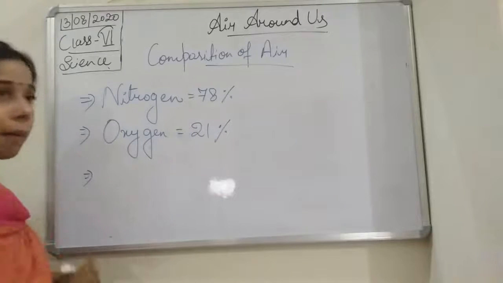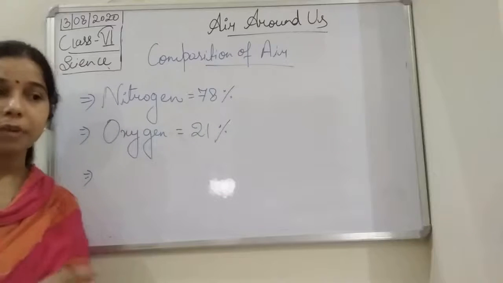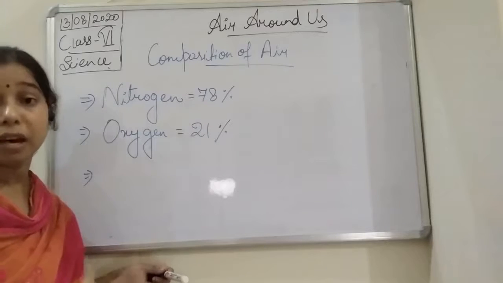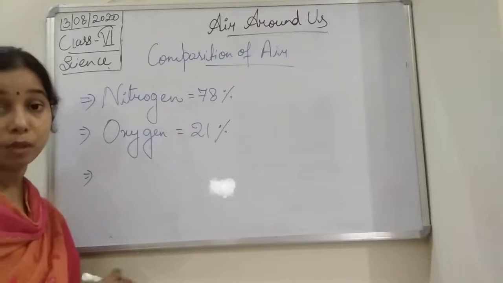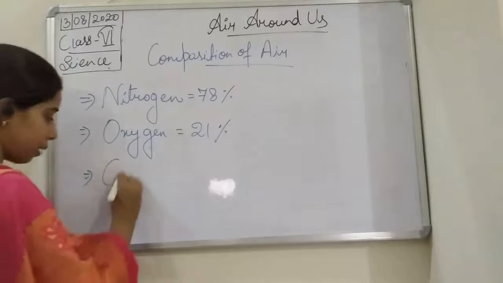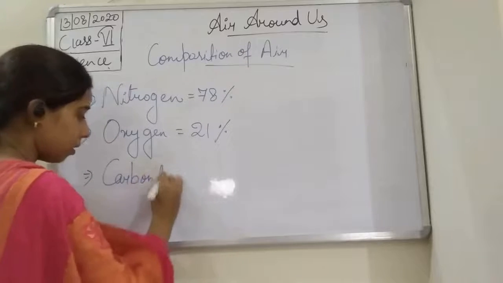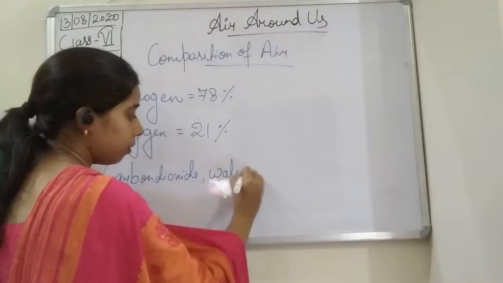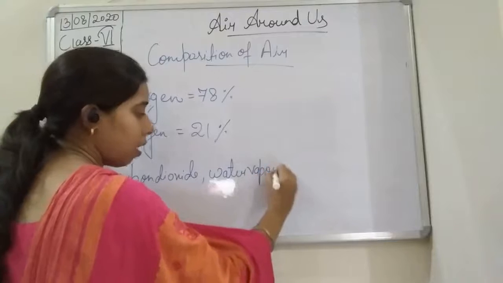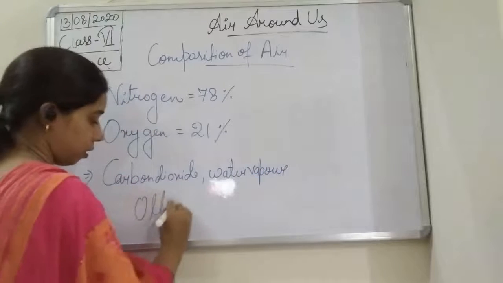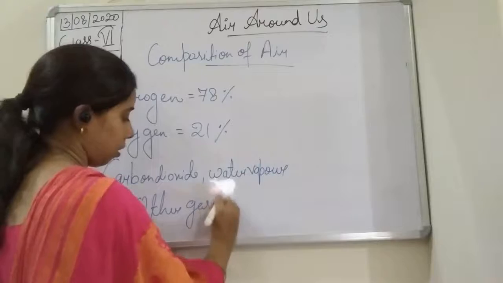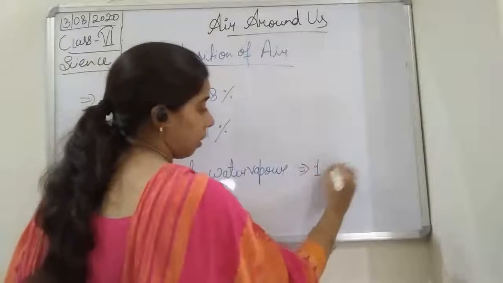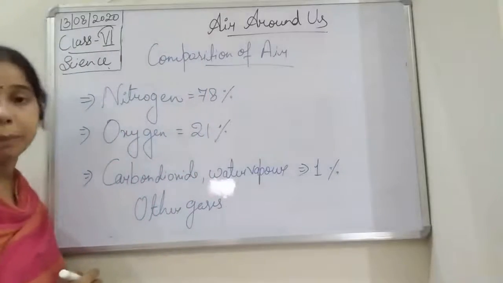And a very small amount of other gases is present in the atmosphere, which includes carbon dioxide, water vapor, or other gases, students. So they may be present in about 1%.